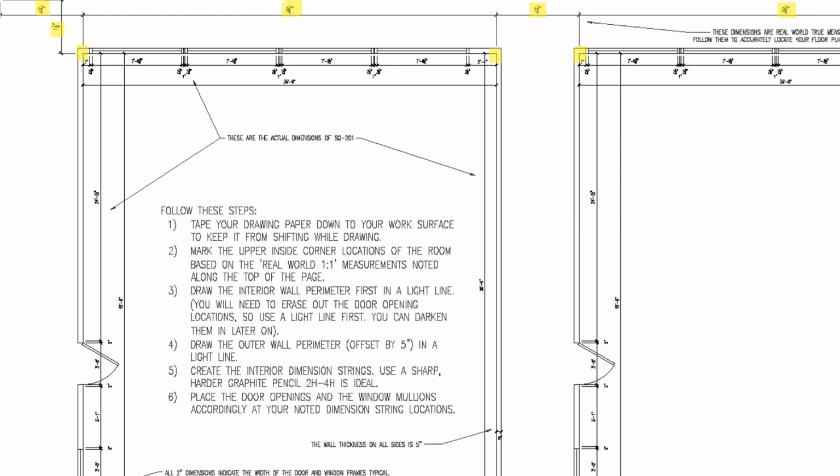And then it says, after that, go ahead and place the door openings at the 3 locations in the plan. And when we did the graph paper, we went through how to erase back the door opening using the eraser shield. So we're going to revisit all of that again.